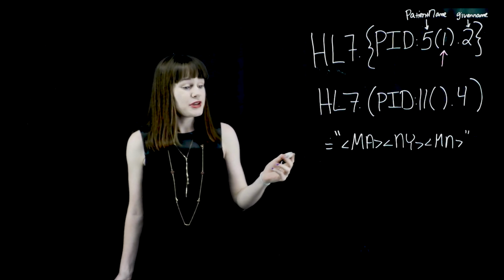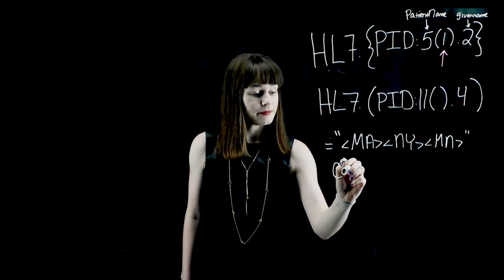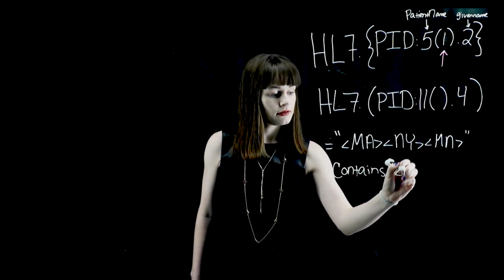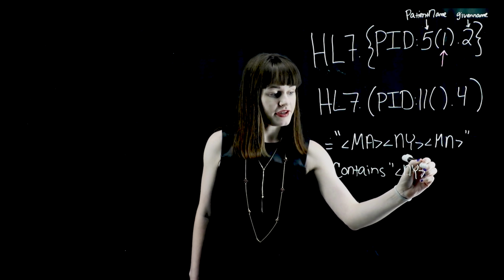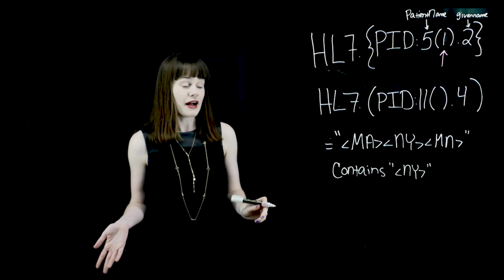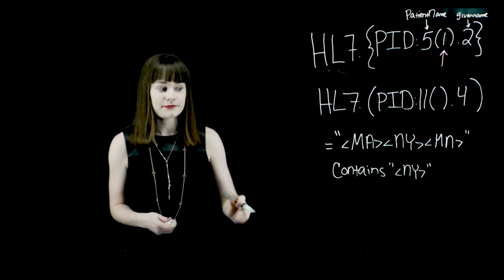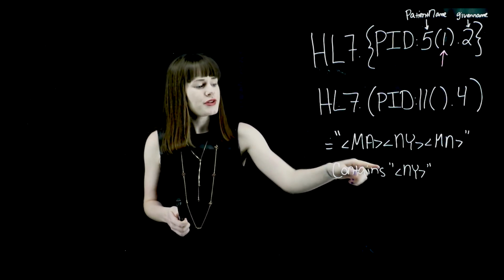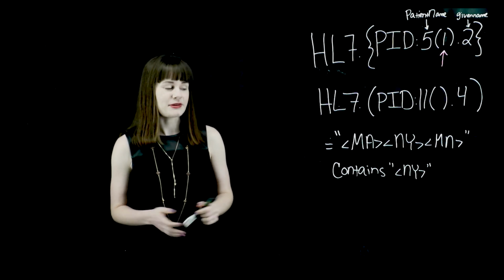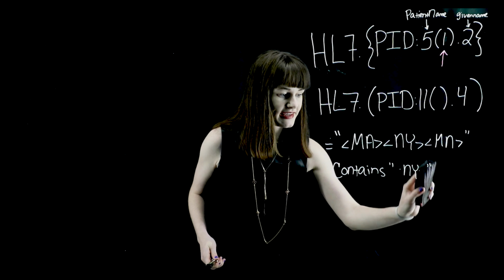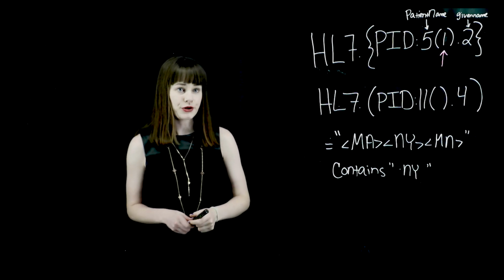And so this way, we can use a simple contain statement to figure out if the value that we're looking for is included at all within this field in any of the occurrences. So notice that I included the angle brackets here in my contain statement, even though I technically don't need them, right? I could get rid of these angle brackets and the expression would still evaluate to true.